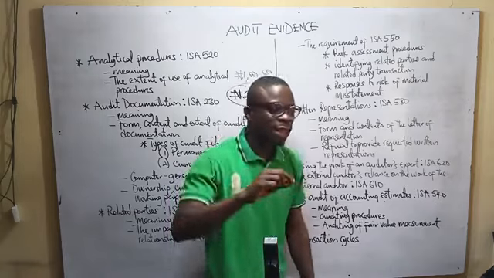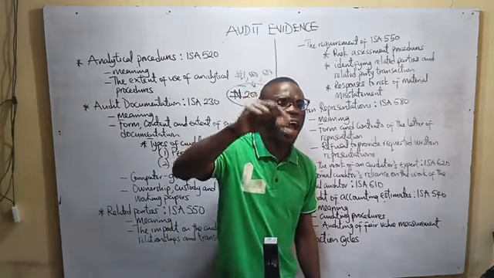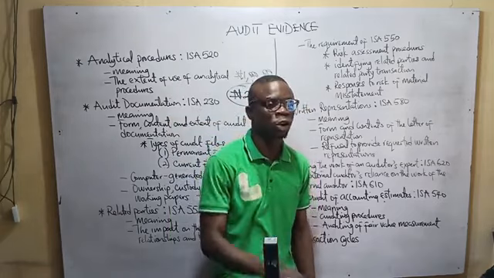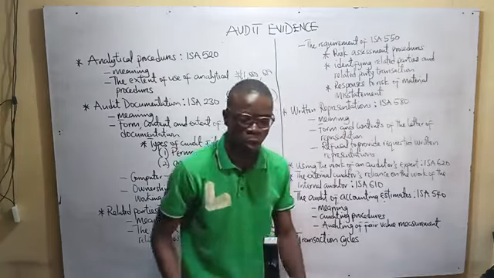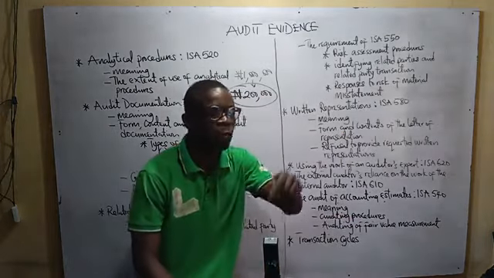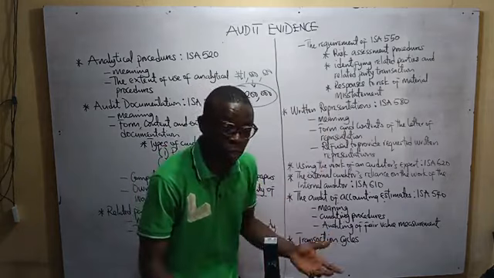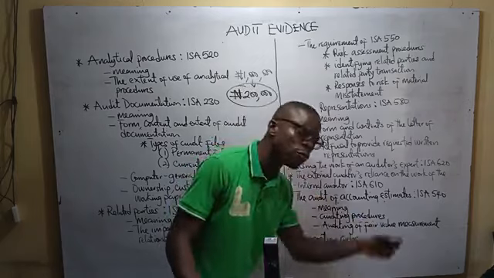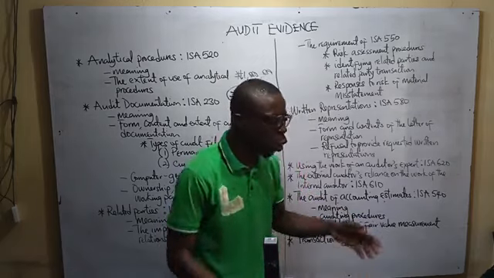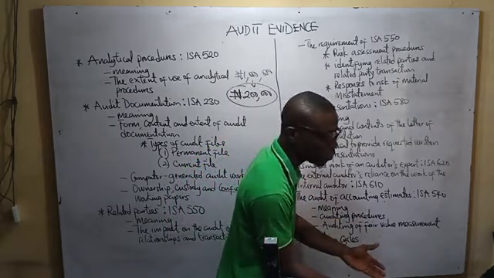What I'm saying is that the area in which they have refused to provide written representation may have an impact on the one they have provided written representation on. And you should consider that written representation. You know, written representation stands as evidence. You should also reconsider it as audit evidence. Is it appropriate for me to consider this other written representation as evidence?